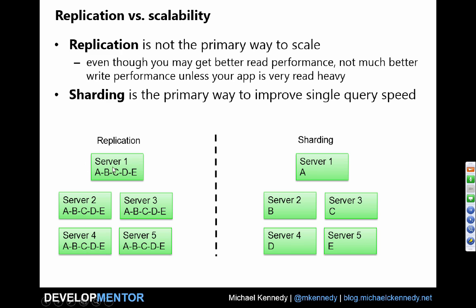I've got a database that has these pieces of data, A, B, C, D, and E. And I've set up a couple of servers, and they're staying in sync with each other. So if I insert another piece of data like F here, it'll automatically be propagated to the others. And if server 1 for some reason dies, server 2 or maybe server 5 or someone will take over control of being the main server, and you can just keep talking to the system, right?